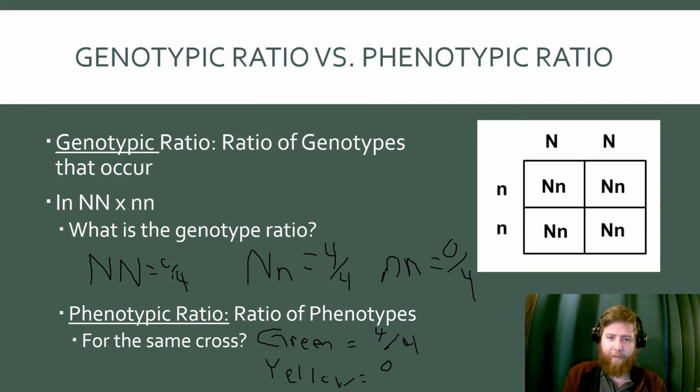That was 0 out of 4. So even though green can be big N, big N, or big N, little n, the phenotypes still look the same. So the phenotypic ratio and the genotypic ratio are 2 different ways that you could display this, and they're a little bit different from each other. One's more useful sometimes, and the other is more useful at other times.